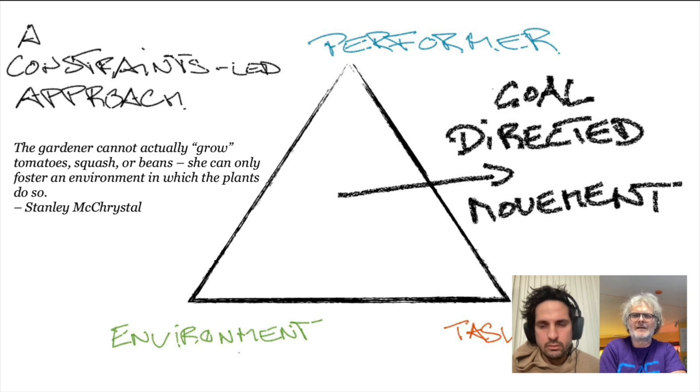If you have a group, that brings me to another aspect that's often overlooked in the constraints-led approach. The environment would also be the group. So things like social facilitation, that the group is so positive for the learning process that the individual learns better through the group.